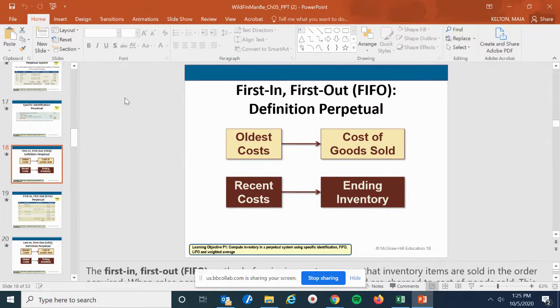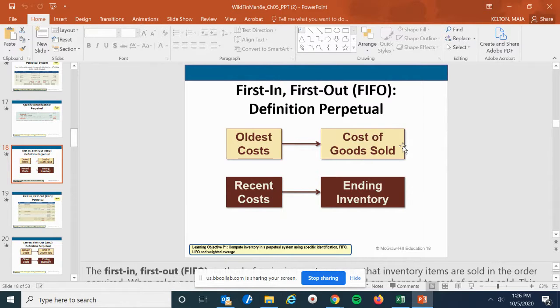It literally means the first items the company purchases from a supplier are the first ones to be sold to their customer. So under the first in, first out, the cost of goods sold is based on the oldest costs. The cost of ending inventory is based on the most recent costs. And it makes sense, right? Look at the cost of goods sold. First items purchased, in other words, the oldest items, will be the first ones to be sold.